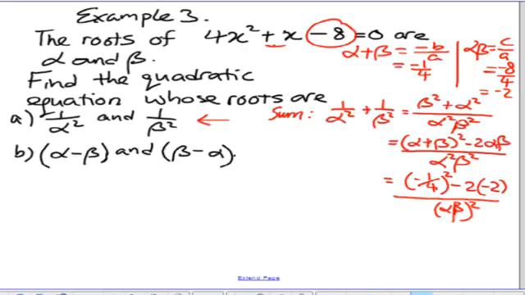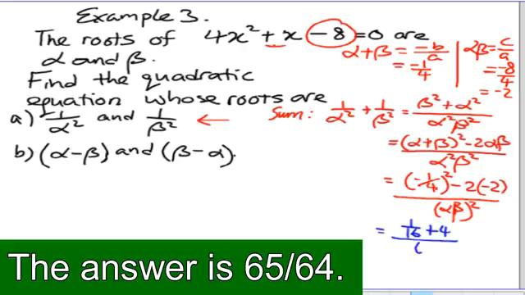So putting things together, this is 1 over 16 minus 2 times minus 2, it will be plus 4, over alpha beta, in this case is minus 2, everything quantity square. So I have 1 over 16 plus 4 divided by 4. So I'll get an answer to that one.